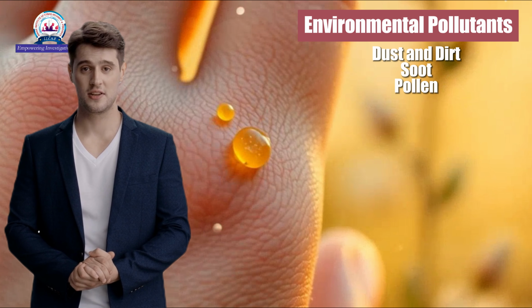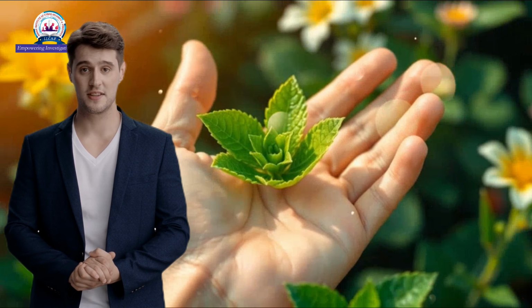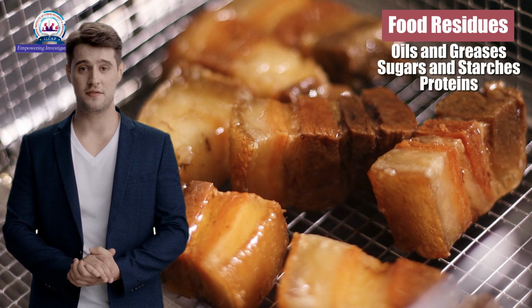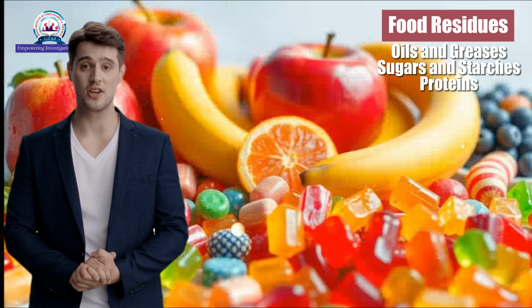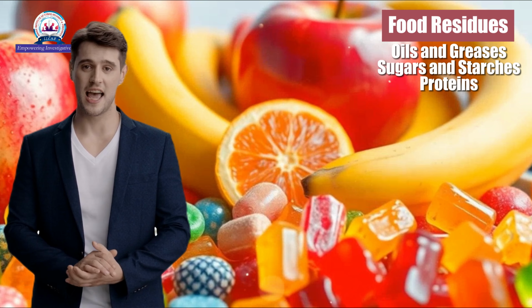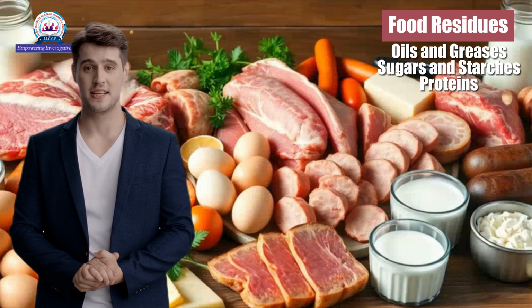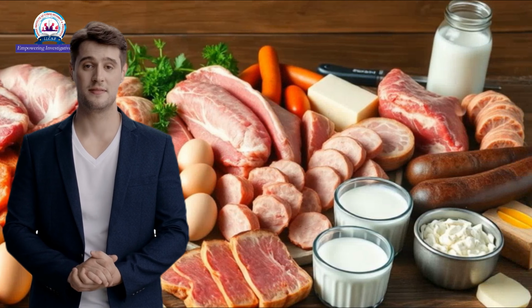Pollen, can adhere to fingers from touching plants or surfaces with pollen. Food residues. Oils and greases, from cooking or handling oily foods. Sugars and starches, from handling fruits, candies, or other sugary foods. Proteins, from meats, eggs, or dairy products.